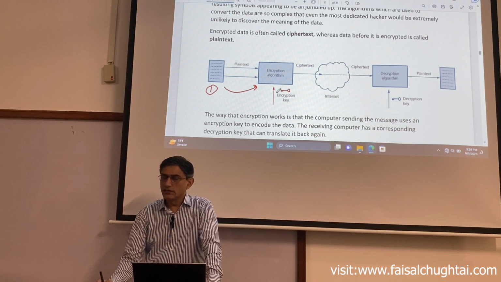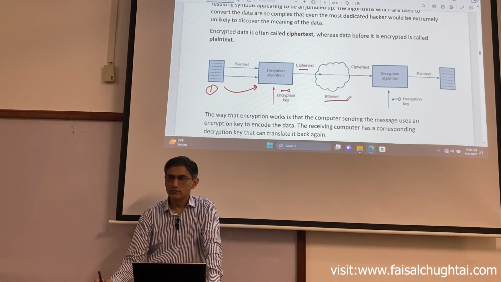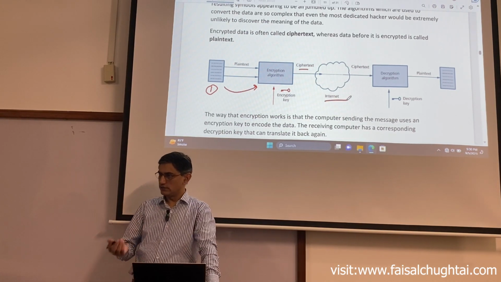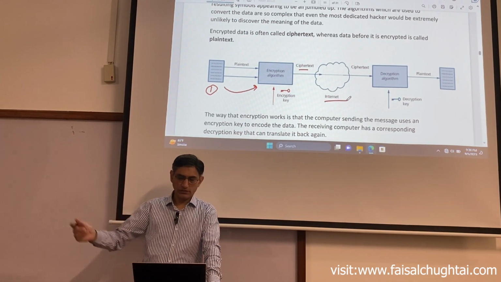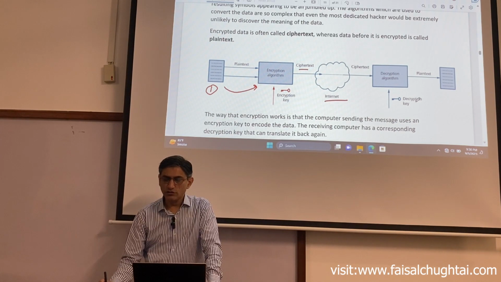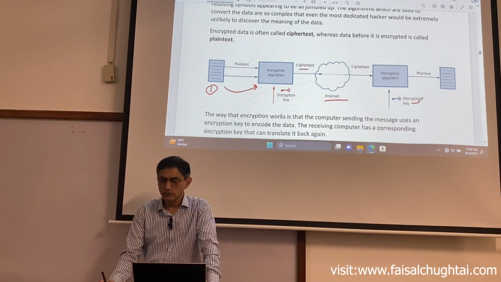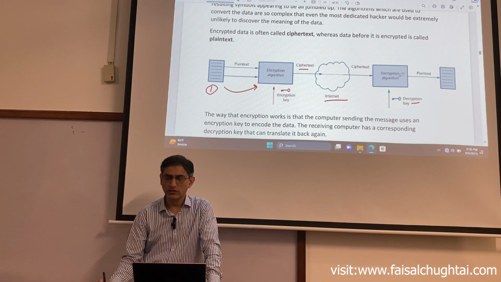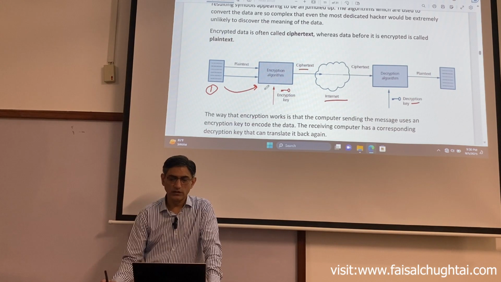Once it has been converted into encrypted text or ciphertext, it is transferred over the network, the global network, which in this case is the internet. And then it reaches the recipient, where the recipient is going to use the same algorithm and his decryption key to decrypt the message. So if this is step 1, this is step 2.